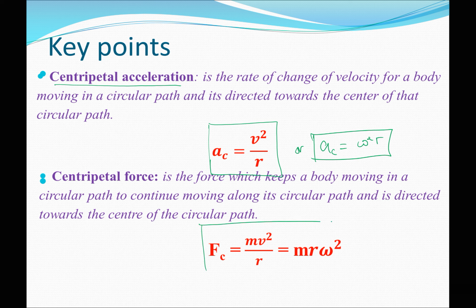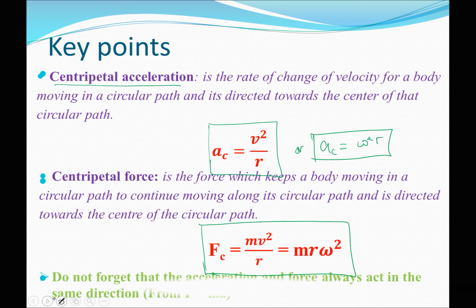It is always directed towards the center, just like the centripetal acceleration, as predicted by Newton's second law, that is, force is equal to mass times acceleration. Remember, the resultant force and the acceleration always act in the same direction. So that is what we call centripetal force and centripetal acceleration.